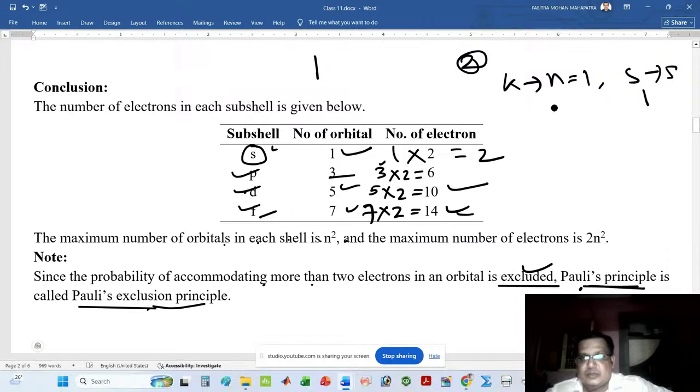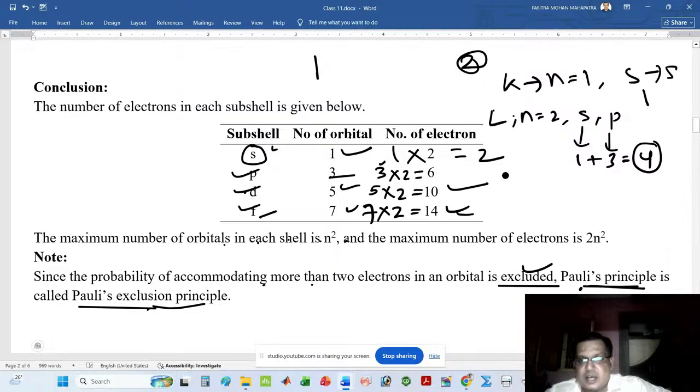Let me take another, then I will conclude. Suppose think about the L shell. Here n is equal to 2. The subshells are s and p. s has one orbital, p has 3. That means 1 plus 3, that is 4. The number of orbitals is 4.